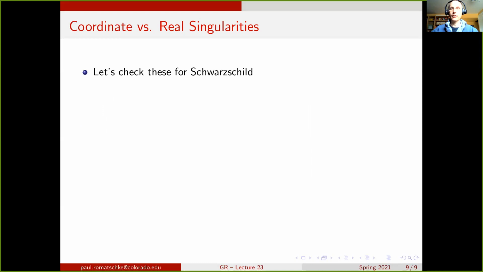And if they are singular at these particular points, then indeed it's a real singularity. It cannot be removed by using other coordinates. But if, on the other hand, they are perfectly fine, meaning regular at these singular points, then what we have is just an example of a coordinate singularity.